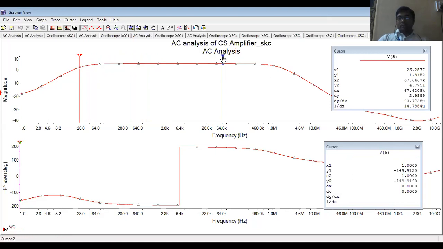Similarly on the other end, observe y2; it comes to nearly 1.78.